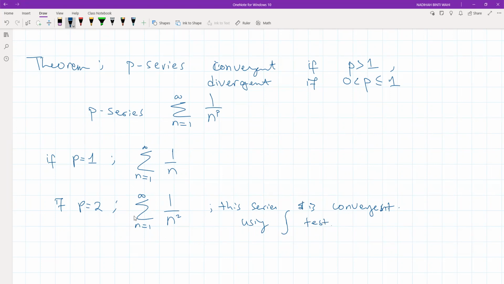Okay, saya tak nak sentuh lagi, cuma you just take as it is. Terima saja untuk setakat ni. Kita akan tunjuk how to prove, but at this time, just accept this fact that if P is bigger than 1, 1 over n to the power of P is converge.